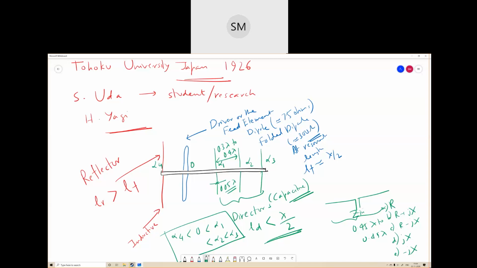Now tell me, what type of a beam do we expect in such a situation? What is the pattern of the antenna beam we expect? From your knowledge of antenna arrays, will it be a broadside pattern or an end fire pattern? Why broadside? What is the condition for getting a broadside pattern?